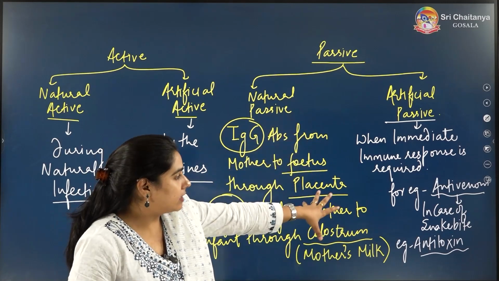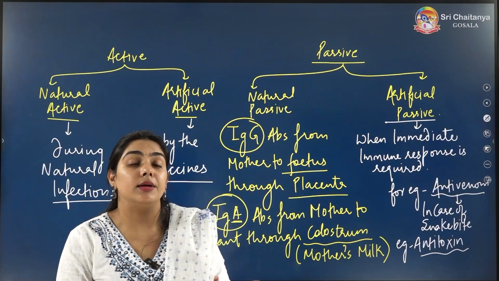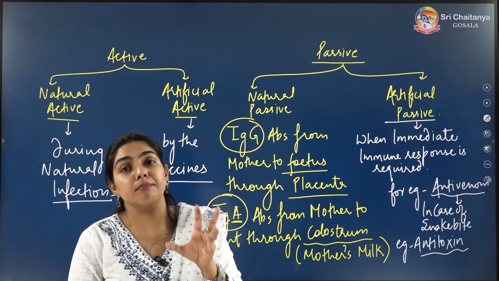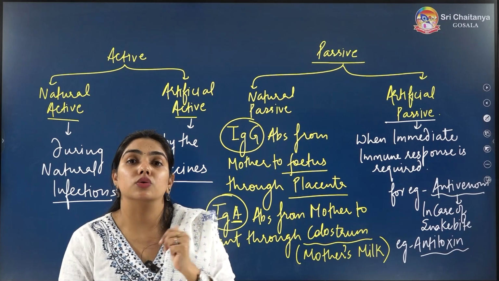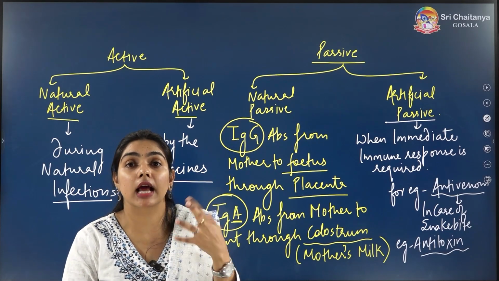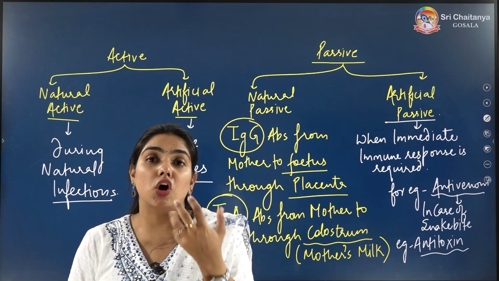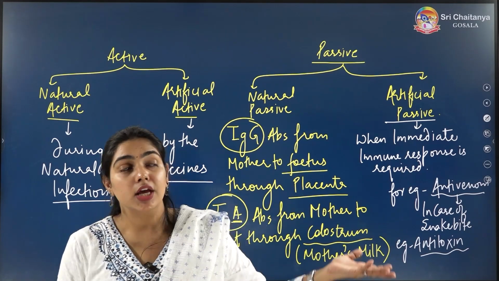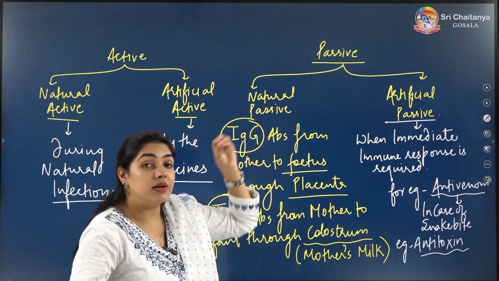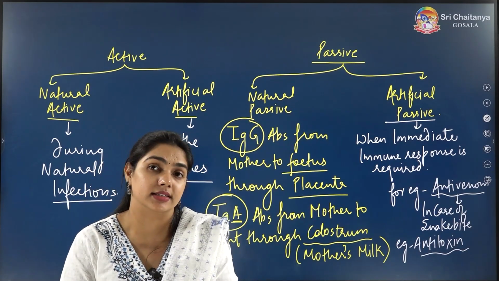So in the anti-venom, in the antitoxin, in the anti-serum, there are already made antibodies which will kill the pathogen, because that pathogen can harm you and can even be deadly. That toxin, that poison, can be deadly. So whenever an immediate response is required, we take ready-made antibodies.